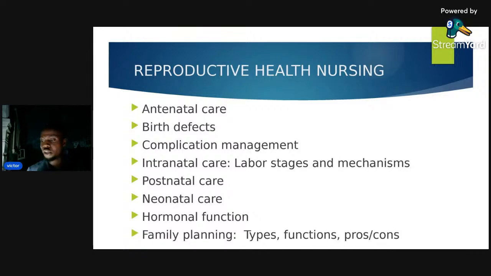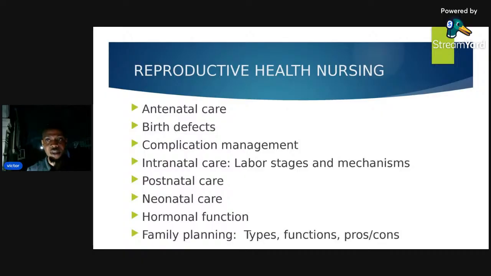They might tell you to carry out some tests. For example, amniocentesis or chorionic villus sampling, that's CVS. This test may be done to detect any genetic disorder such as Down syndrome. It's not only Down syndrome that is a genetic disorder that might be present in pregnancy.